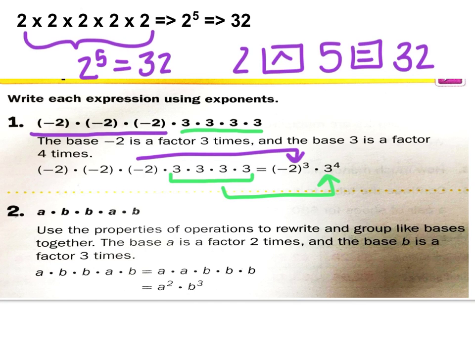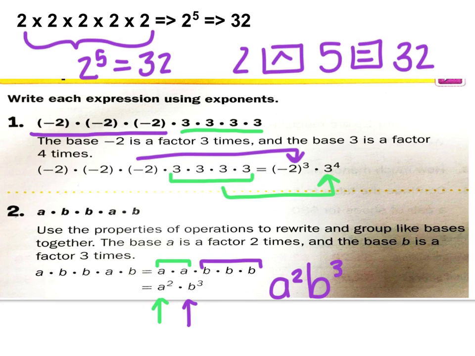So again, I have a being multiplied by itself twice, so I wrote a squared. And then I have b being multiplied by itself 3 times, so I wrote times b to the 3rd. I could also rewrite this even smaller, because it is multiplication, as a squared b to the 3rd.